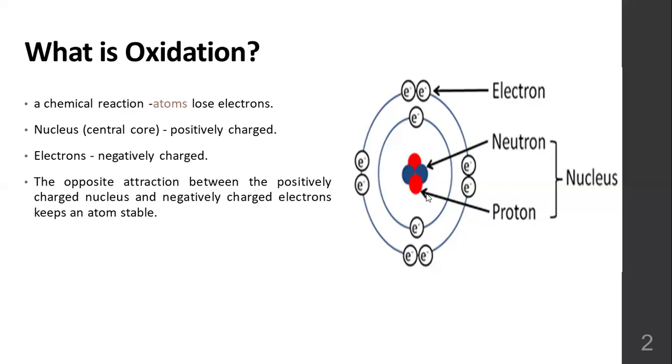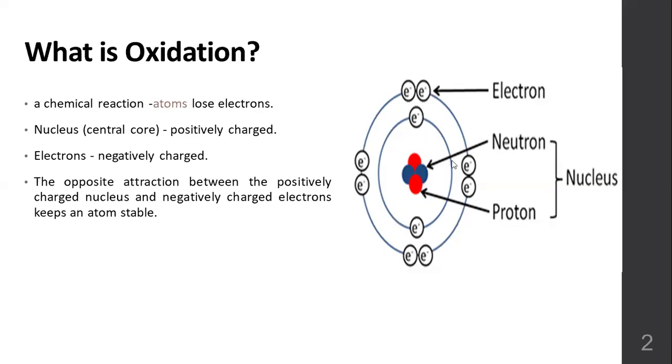Electrons are negatively charged. This is basic chemistry. Because electrons and protons have opposite charges, they are attracted to each other in such a way that they keep the atom stable. There is something positive in the center and negative electrons are revolving around it. There is a magnetic force acting between both of them, because of which electrons will not just randomly fly away.